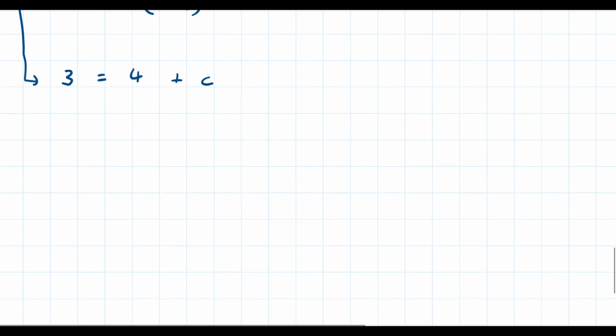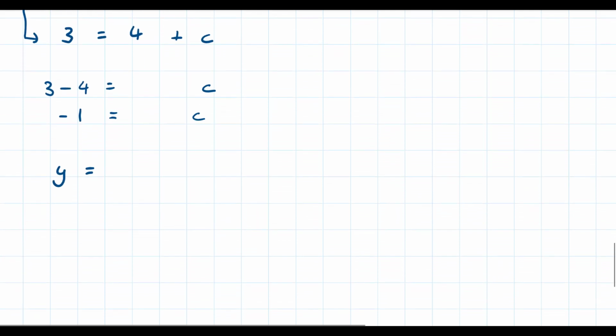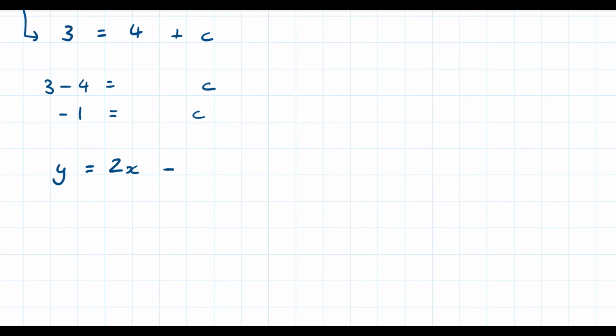Now I have a little equation that allows me to work out what the c is. I can move the 4 to the other side by taking it away, and I've worked out that c is -1. So my final equation is y equals 2x, because I knew that the gradient was 2, minus 1, because I've just worked out that the c, or the y-intercept, is -1.